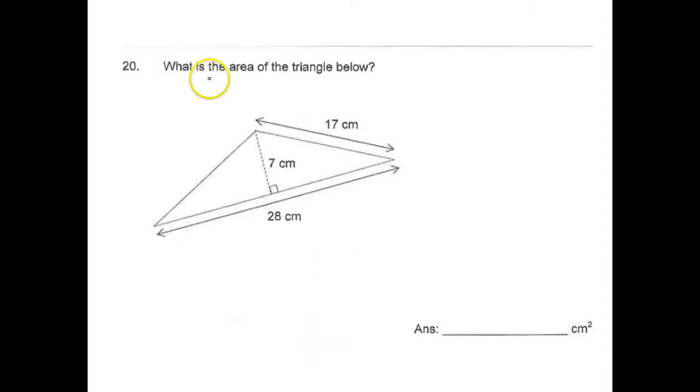Question 20. What is the area of the triangle below? Formula for finding area is half times base times height. So to identify our base and height, we look at a right angle. So this is a right angle, so this will be my base, this will be my height. So it's half times 7 times 28.